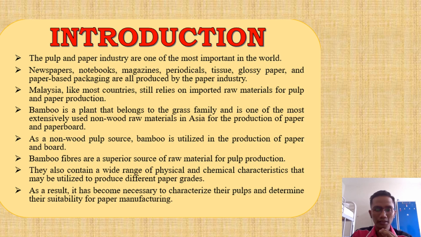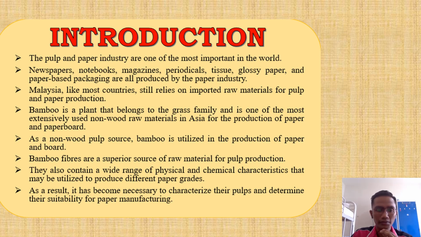One of the materials that can solve this problem is bamboo. Bamboo is a plant that belongs to the grass family and is one of the most extensively used non-wood raw materials in Asia for the production of paper and paperboard. As a non-wood pulp source, bamboo is utilized in the production of paper and board.